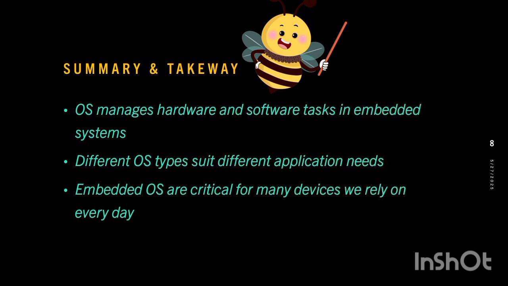And the main takeaway of today's session: why do we need an OS in our embedded system? Depending upon the application, the developer can choose which OS, whether they need an RTOS or embedded Linux. Regardless of type, an embedded OS is critical for many of the smart devices and machines we use daily.